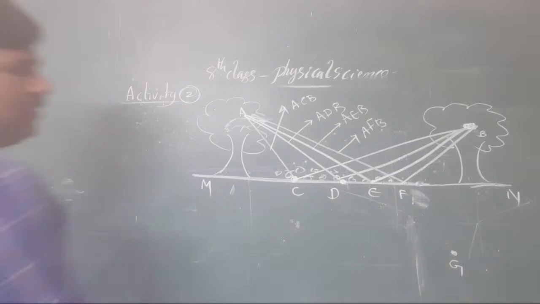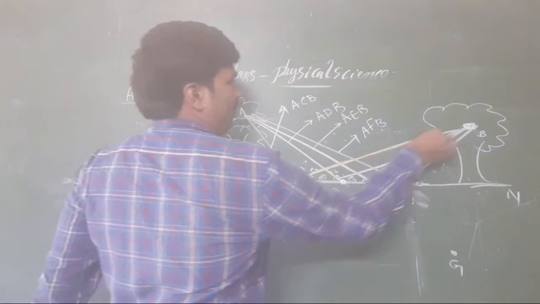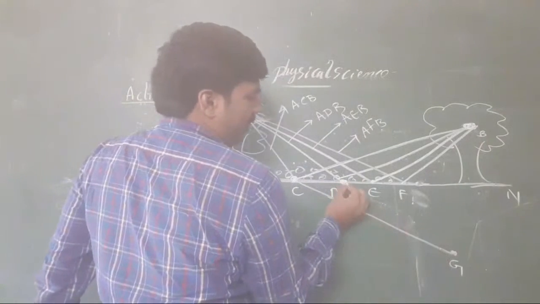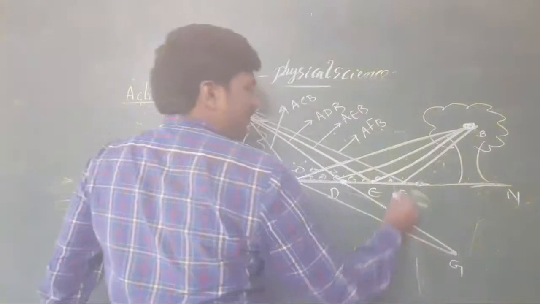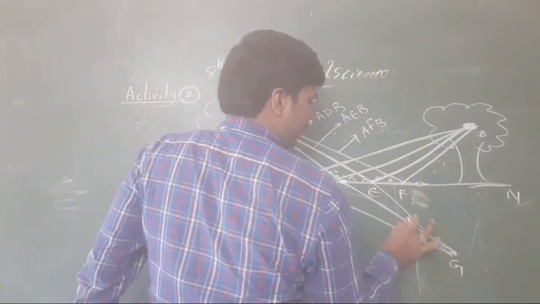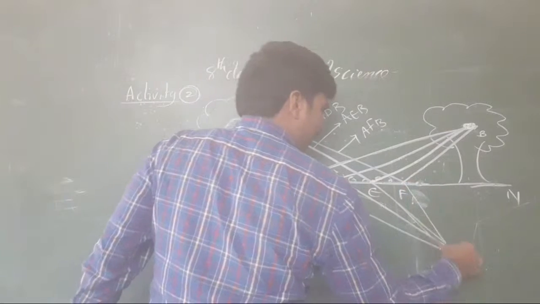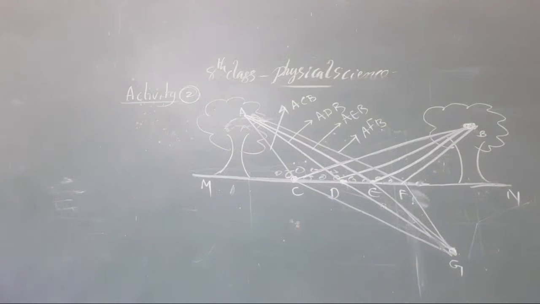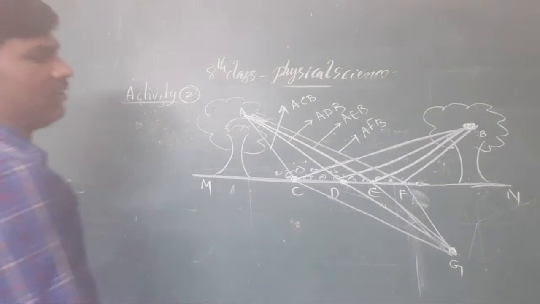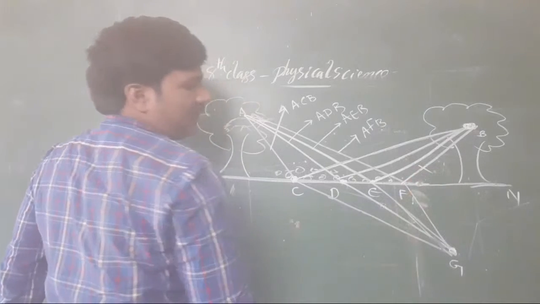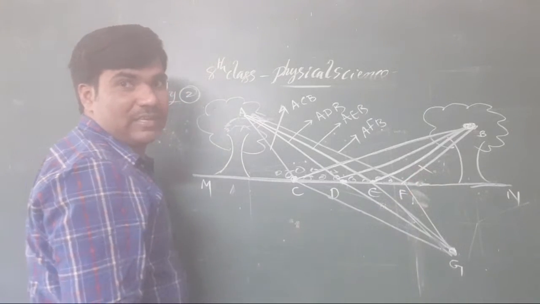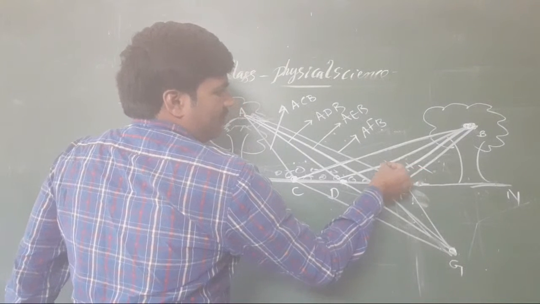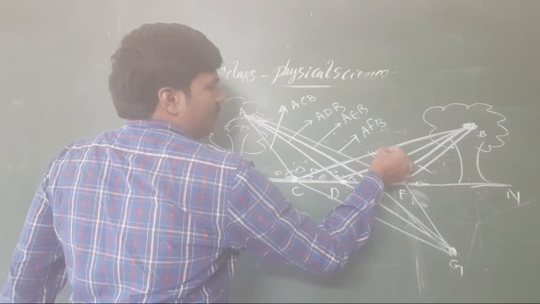The image of this ray I have taken here, and this ray's image here, and this ray's image here, and this ray's image here. Clear or not, all the students? And now the AF path is symbolized by this single line, this is symbolized with that, the third, and the fourth.